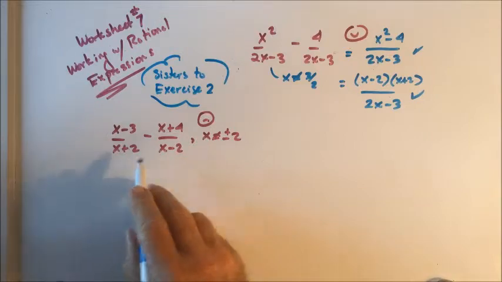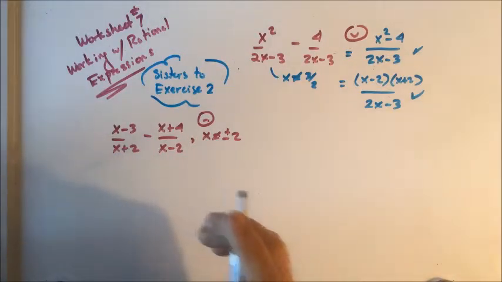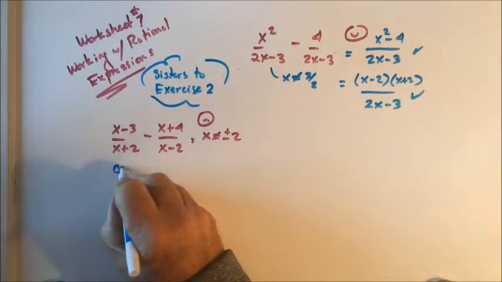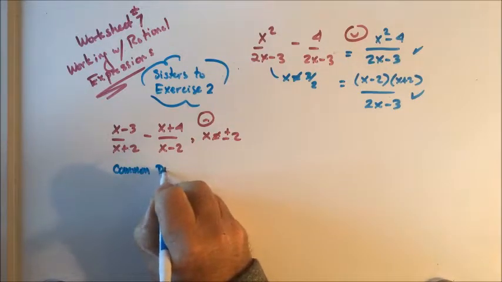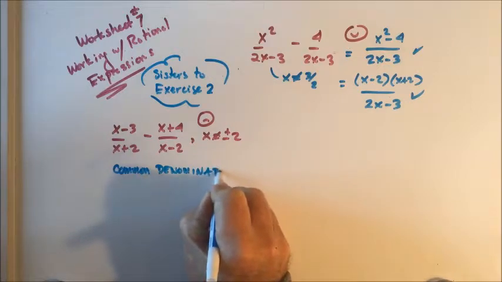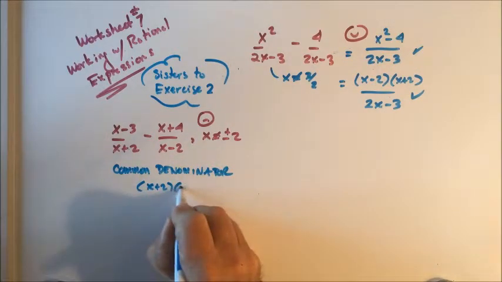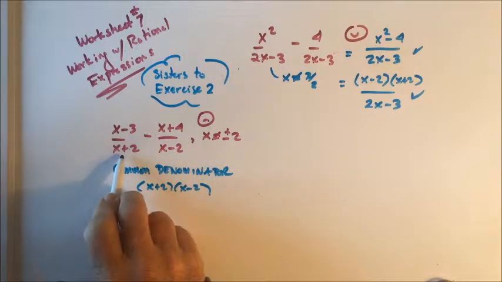I'm going to make the common denominator x plus 2 times x minus 2. So this denominator is x plus 2.